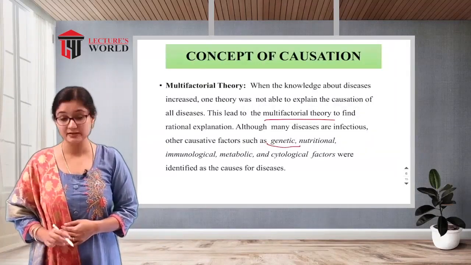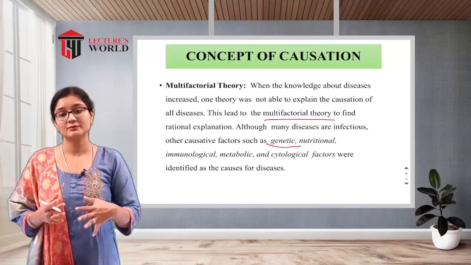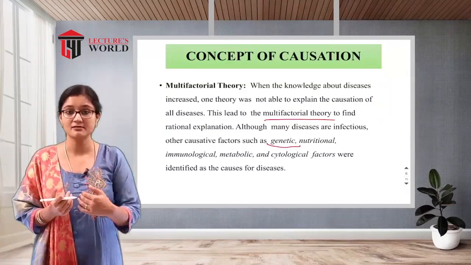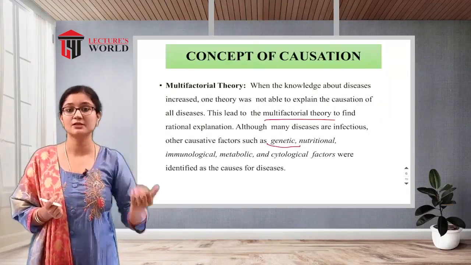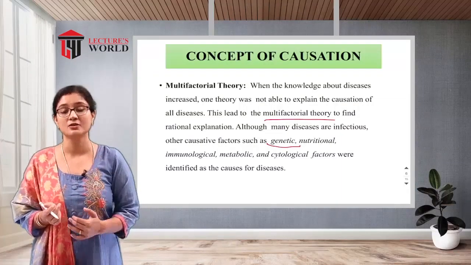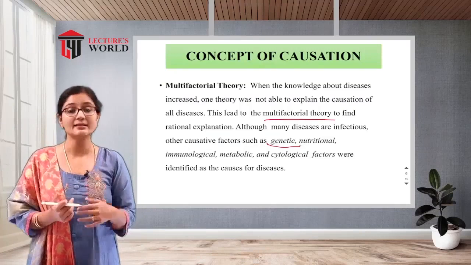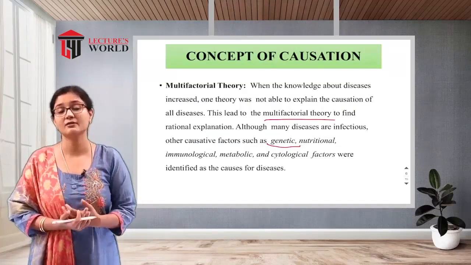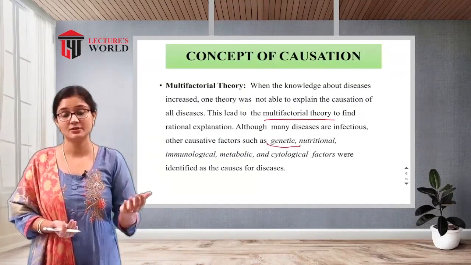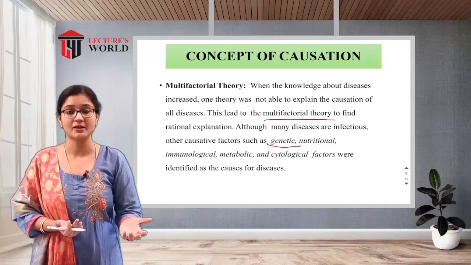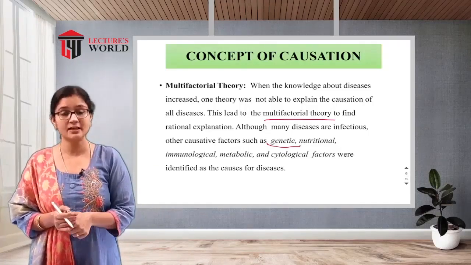First is genetic. This is so true. For example, if my father is suffering with diabetes, then I am prone or at risk for developing diabetes. Or I can also suffer if I am not maintaining healthy habits or a good lifestyle. Do you understand? So genetic was another factor which was found out.